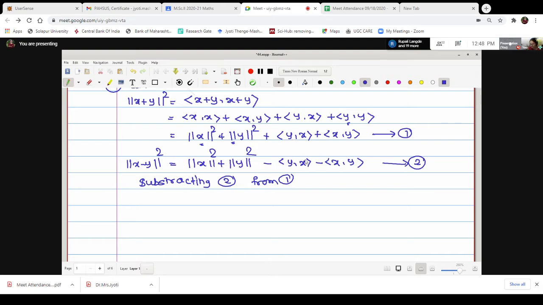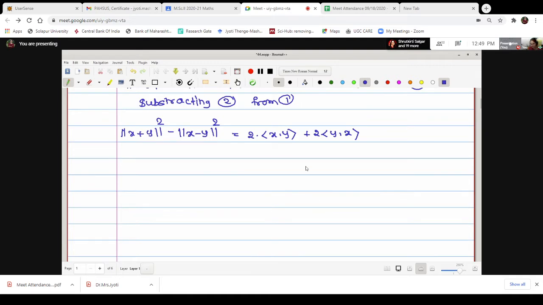Therefore, we will have the left hand side as norm square of x plus y minus norm square of x minus y is equal to 2 times inner product of x with y added with 2 times inner product of y with x, right?